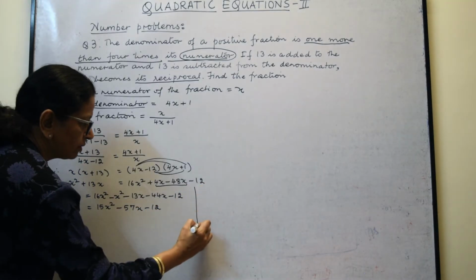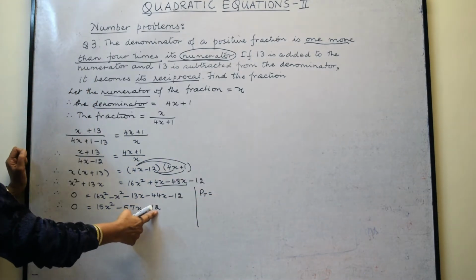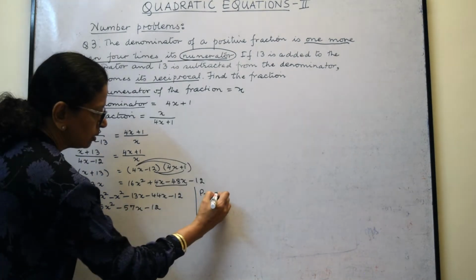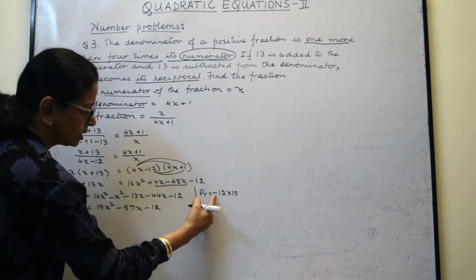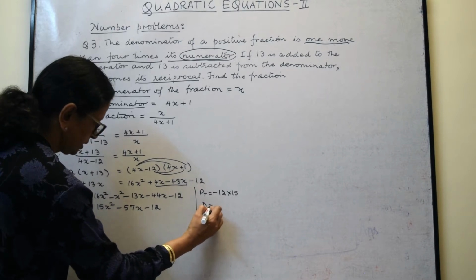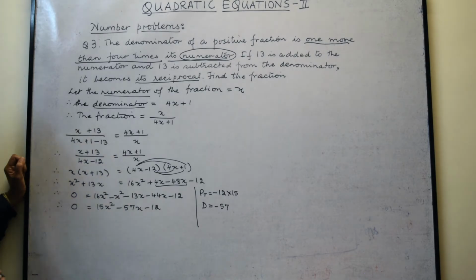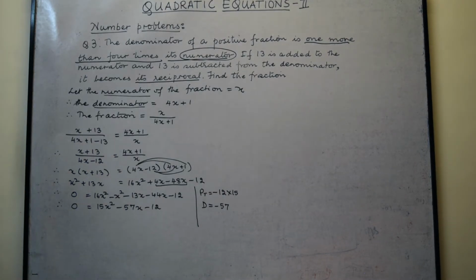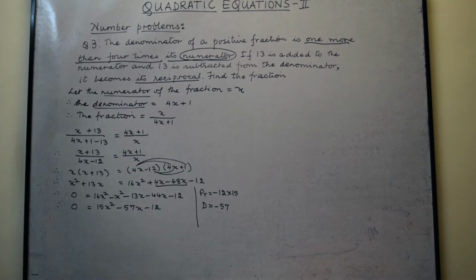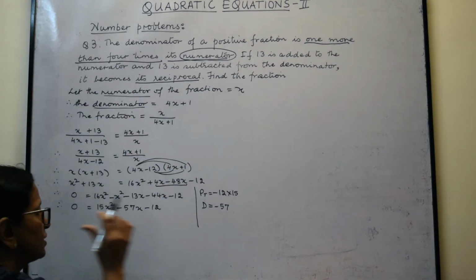So now you will have the product. The product is going to be minus 12 into 15. And because the product is minus, you will get the difference here, and the difference is minus 57. So if I want the working for this, I must have a number bigger than 57, because the difference is 57.